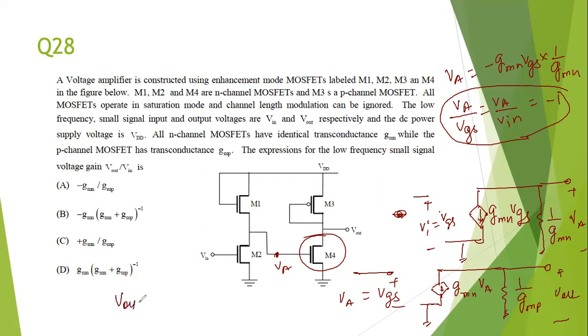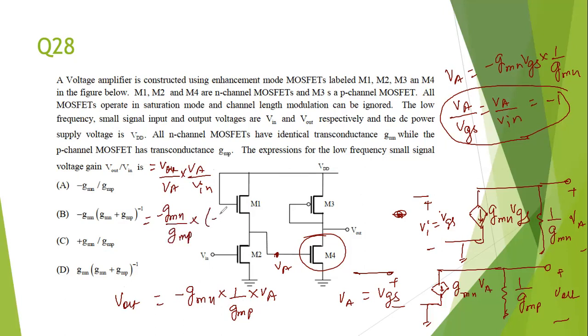So V output equals minus GMN upon 1 upon GMP into VA. So what is V output upon V input? It is V output upon VA into VA upon V input. V output upon VA is minus GMN upon GMP, into -1. So the answer will be GMN upon GMP. So option C is your right option. Got it?